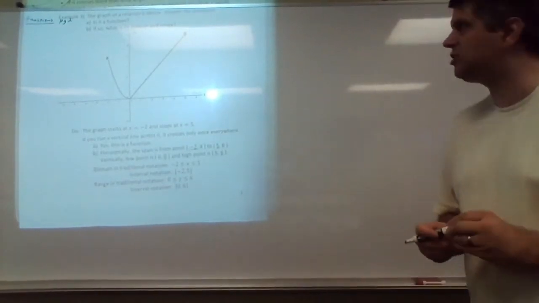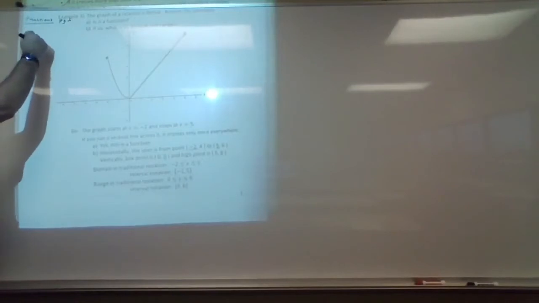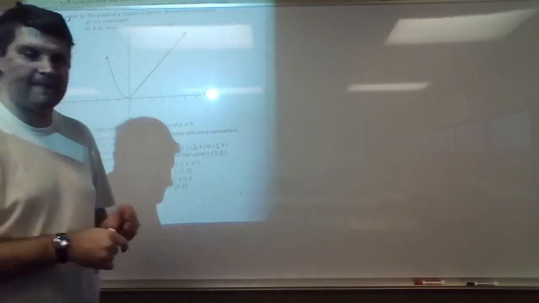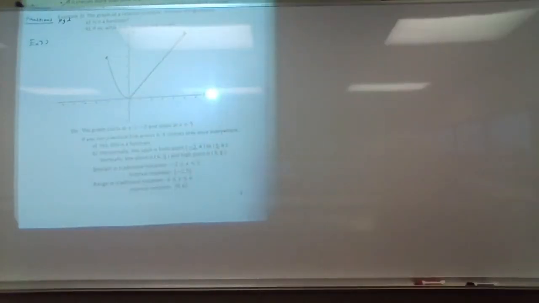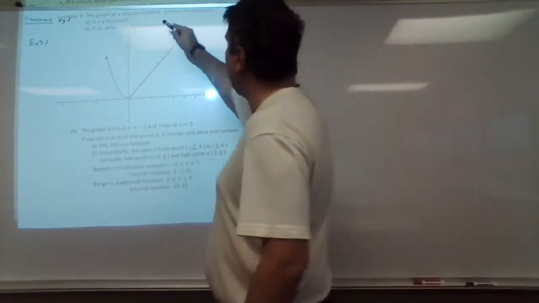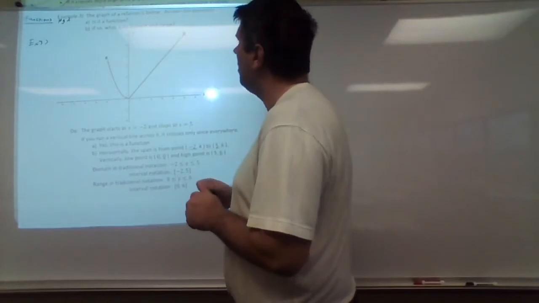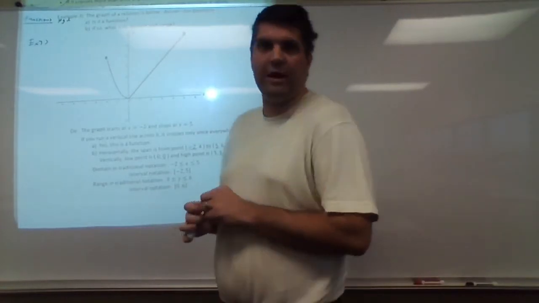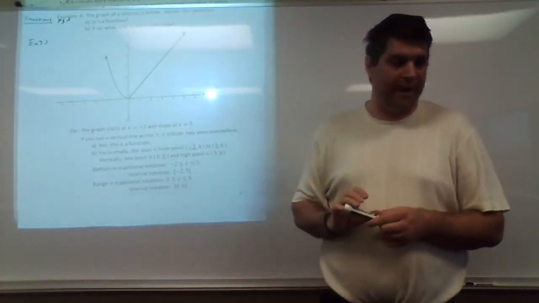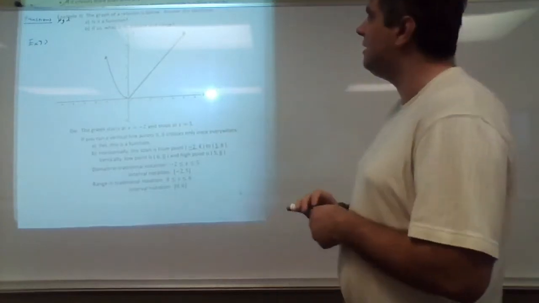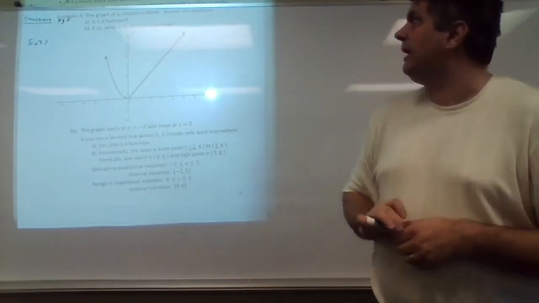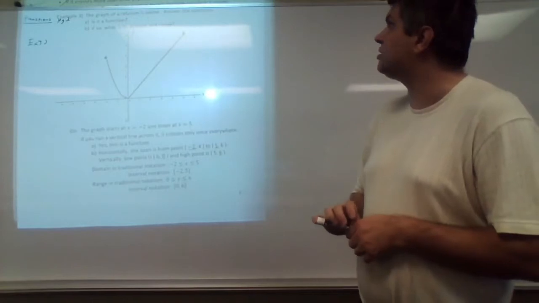Okay, so we're on page 2, and here's example 3. The graph of the relation is below. Answer the questions. There's something called the vertical line test. You can read about it at the top of page 3. It says that in graphs, the input variable is the horizontal axis, normally x.